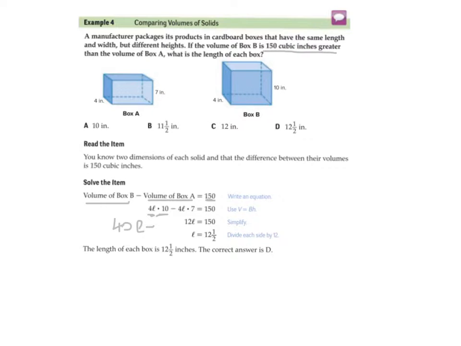Okay, and you're going to subtract from that 4 times L times 7, which is going to give you 28L. Okay, and if you subtract those, that's where the 12L comes from. So obviously now we've got a basic algebraic expression. 12L equals 150, so L is 12.5. Looking at the multiple choice answers that you've got, it has to be answer D.